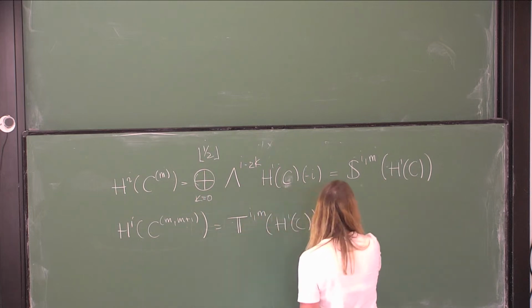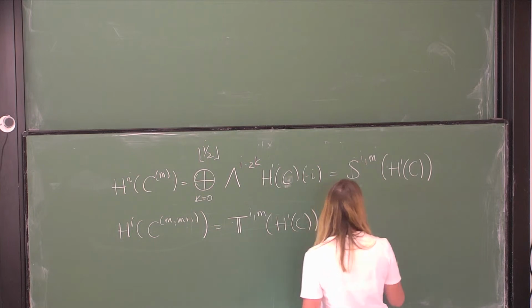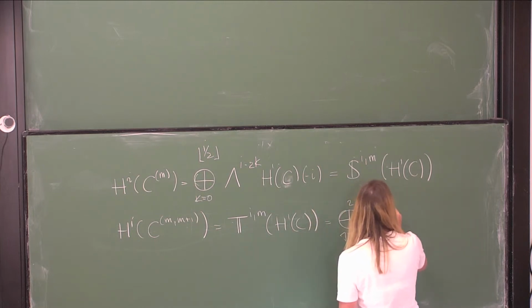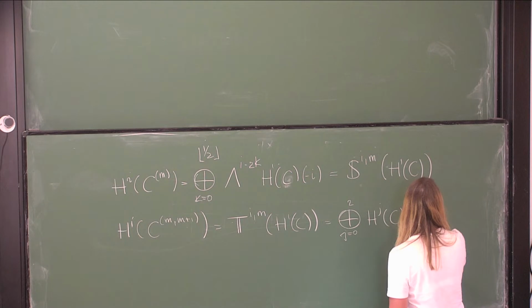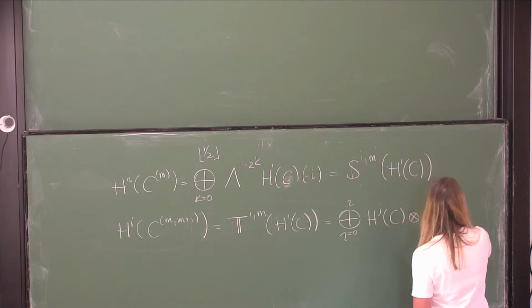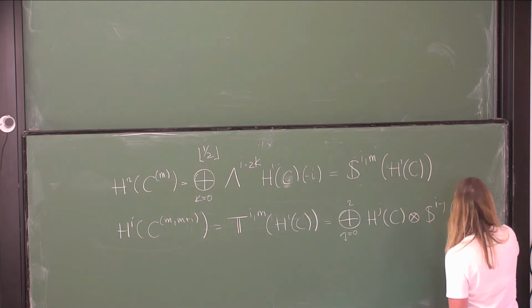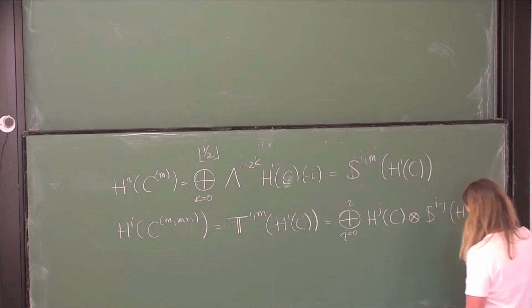This will be the sum from j equals 0 to 2 of H^j(C) tensor S^(i-j) of H1.